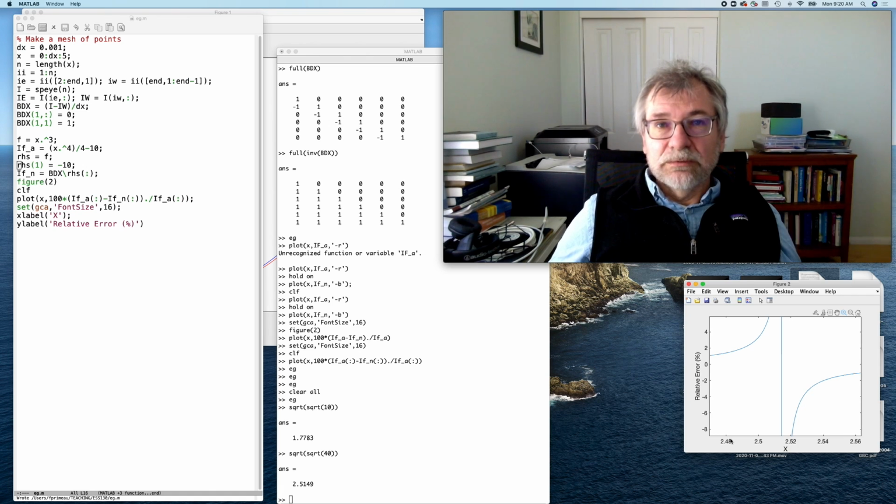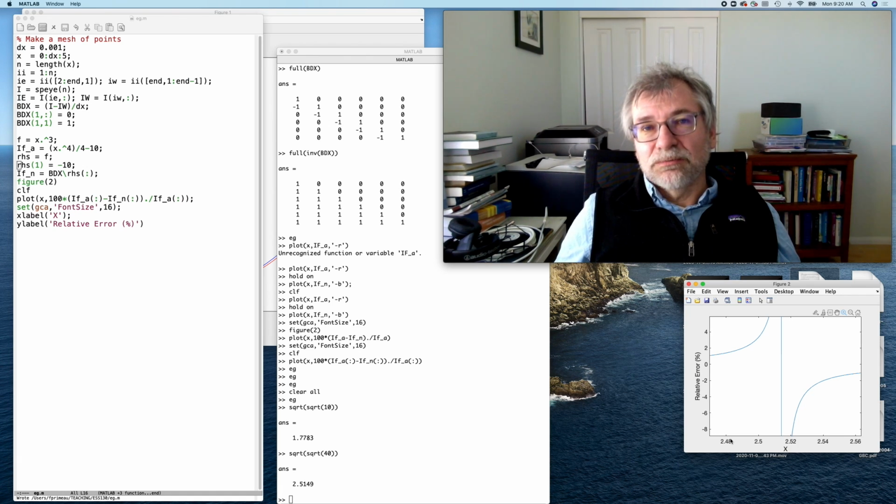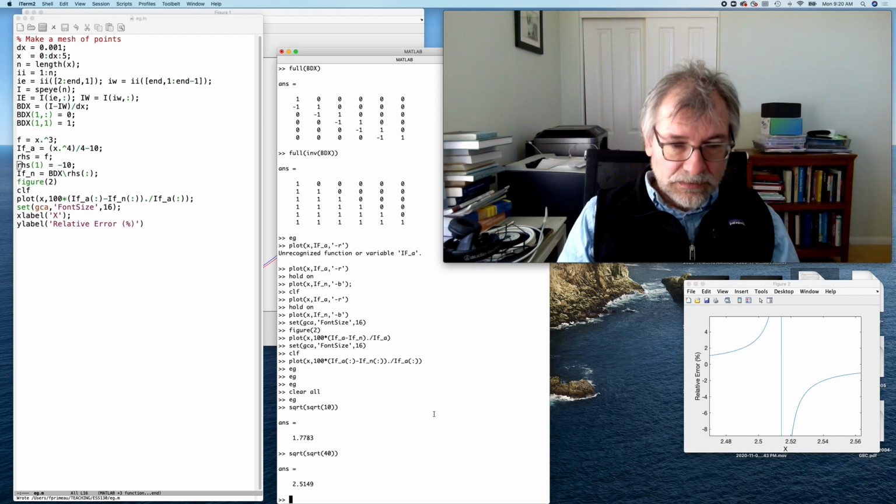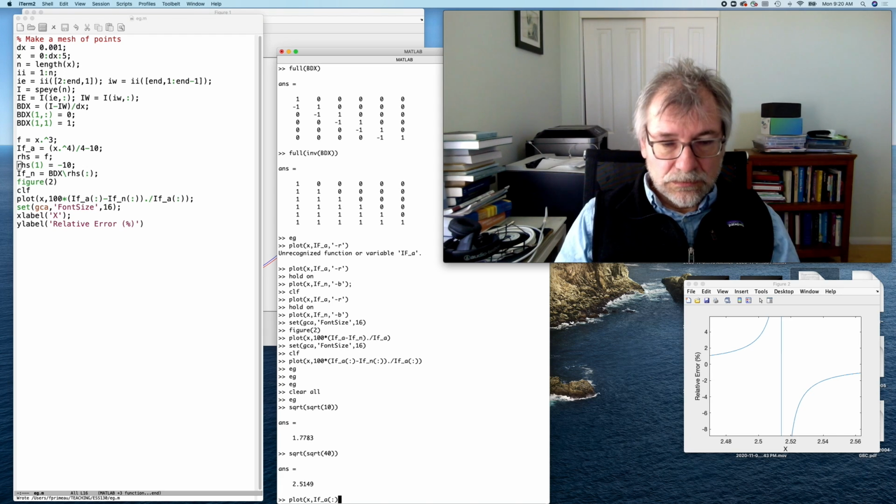That's an unavoidable fact, that it doesn't really make sense to compute the relative error of a function that's very close to 0. We should look at the absolute error in that case. Let's plot x comma IF analytical minus IF numerical, and let's do it in figure 1.